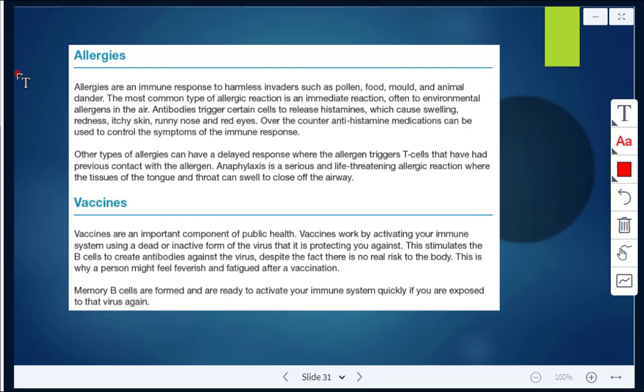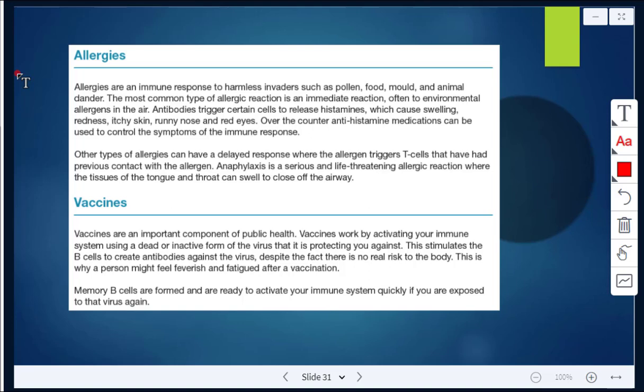All right, so just to summarize about allergies, again, it's an immune response to harmless invaders like pollen or food. The most common is the immediate reaction, and there's a release of histamines, which can cause swelling, redness, itchy skin, runny nose, red eyes. And then you can take over-the-counter antihistamine medications to control those symptoms.